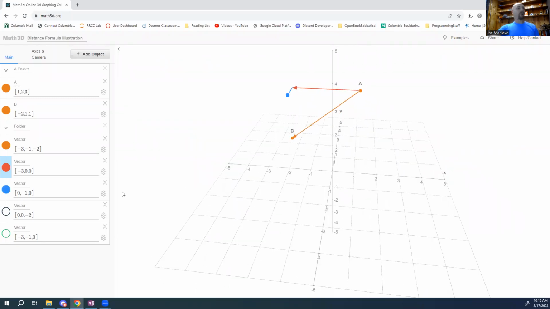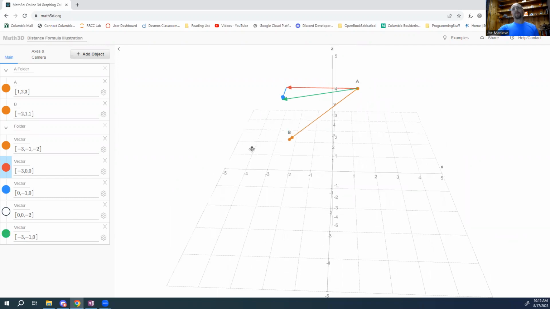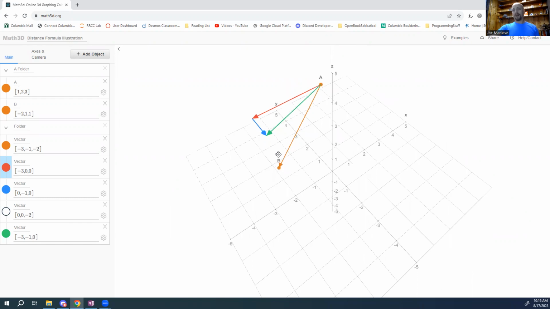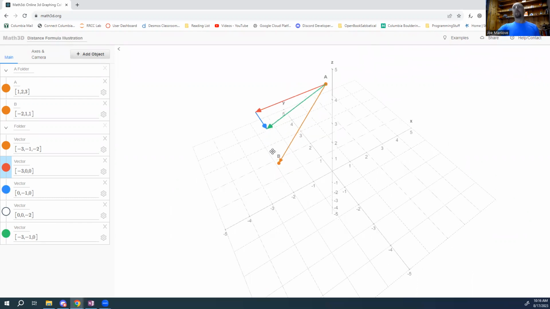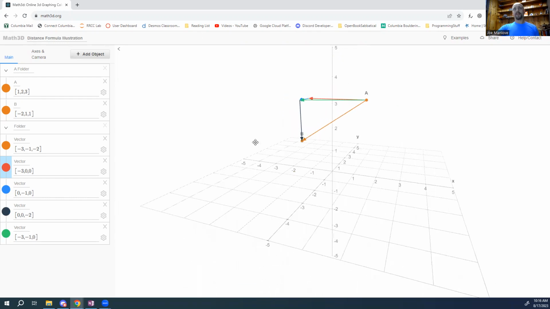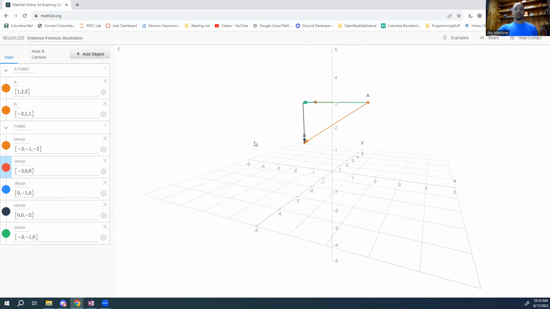And now here's a right triangle. Boom, right triangle. I can apply the Pythagorean theorem to that right triangle. What that's going to do is let me draw another vector. If I think about going from this height down to B, I just need to go down 2 in the z. So bam, there's down 2 in the z, and there's another right triangle.